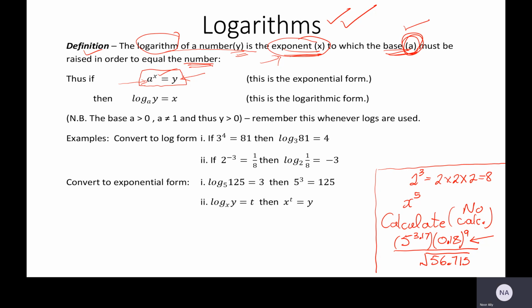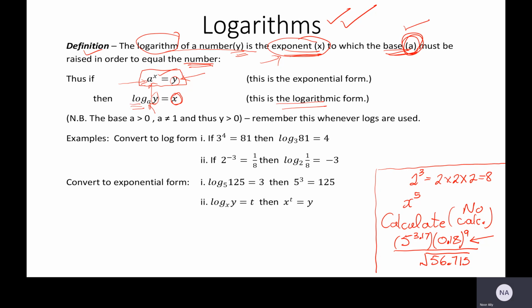Then they introduced the log. The logarithm, they said, of the number y, so y came from there, to the base a, that was the base, is equal to that index x. And that is the logarithmic form.